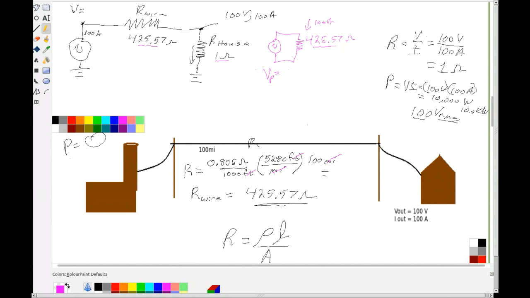So they're going to have to be supplying 42,657 volts. Okay, so these guys over here got to be generating 42,657 volts, right? Or 42.7 kilovolts if we were to put that into Blackboard.